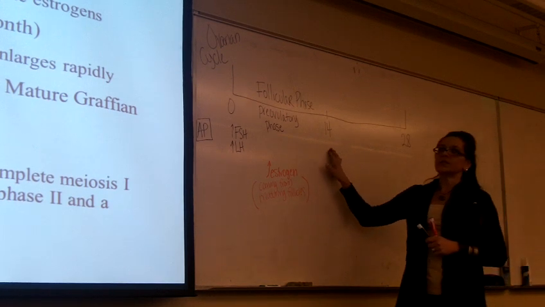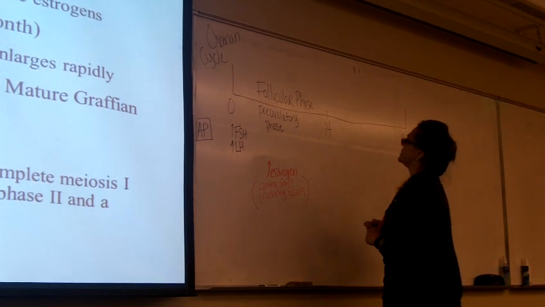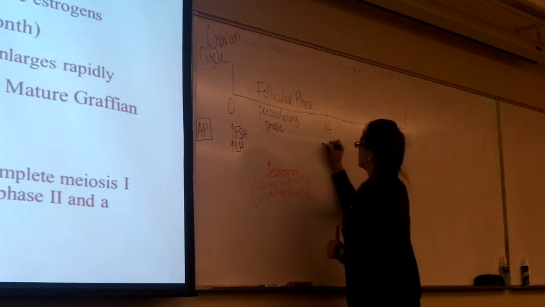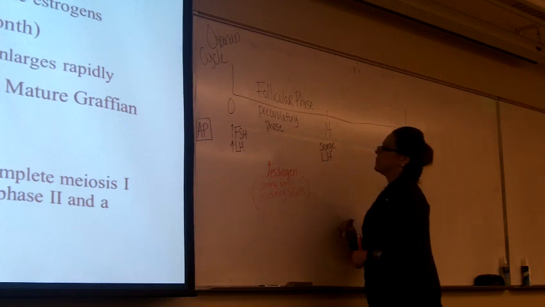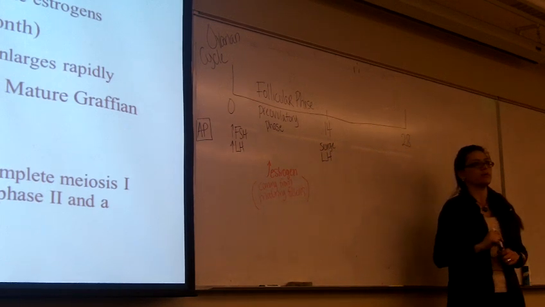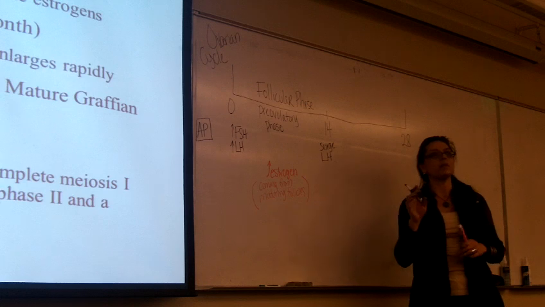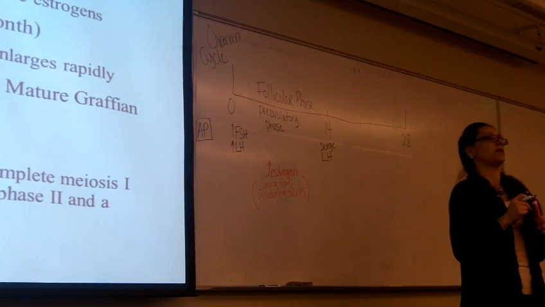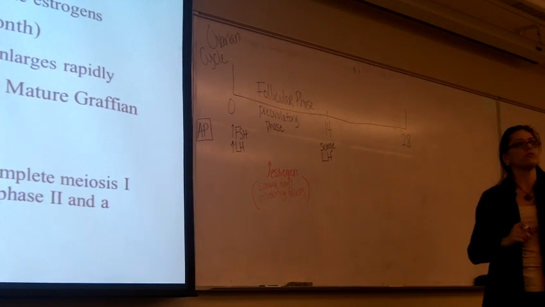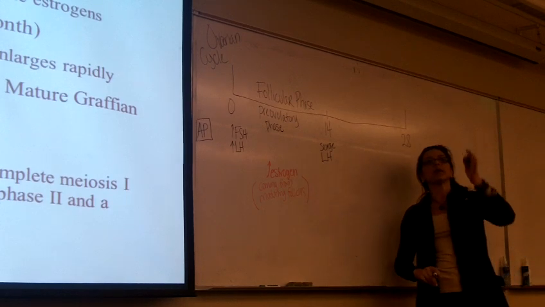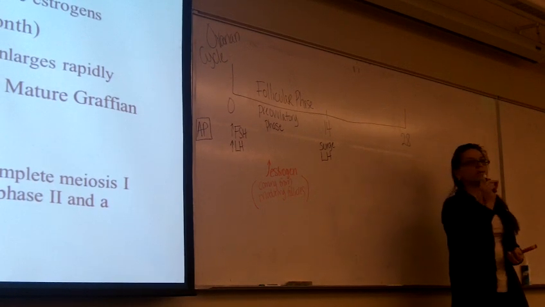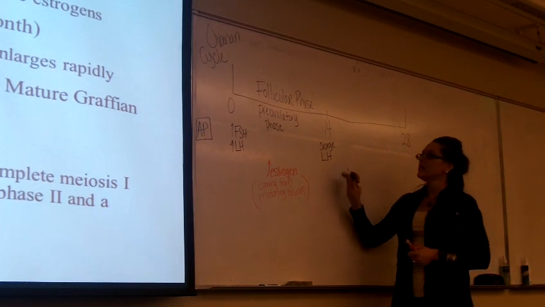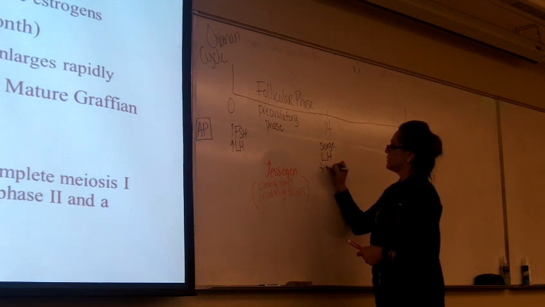Now, on day 14, you're going to get a surge of LH coming from the anterior pituitary. And we'll talk in a minute about why there's a surge of LH. You also see a spike in FSH, but it's really that surge in LH that triggers ovulation.